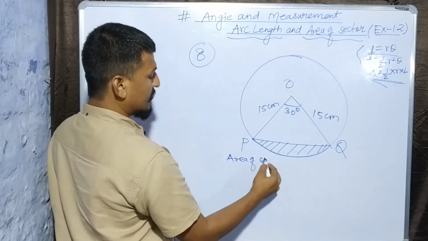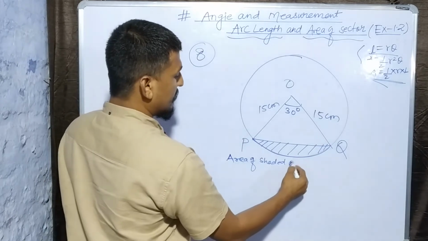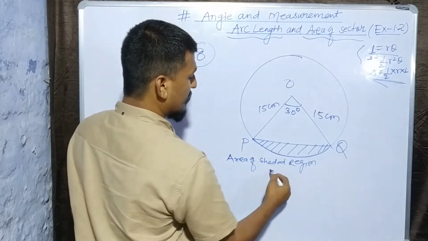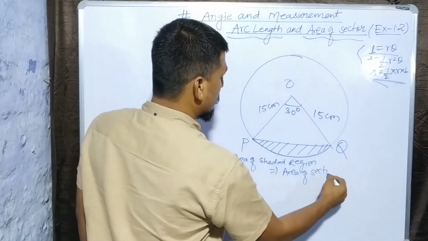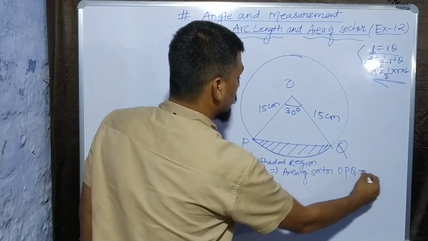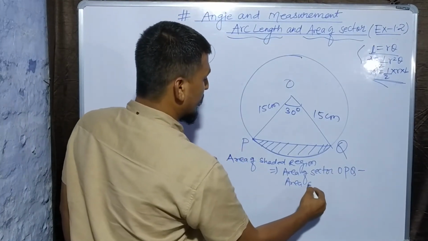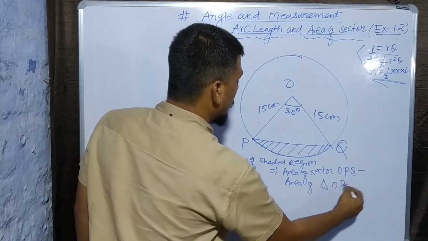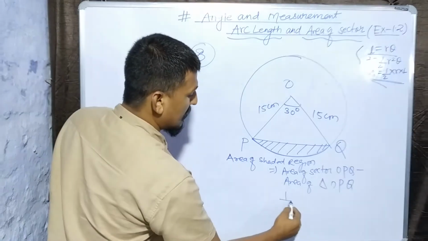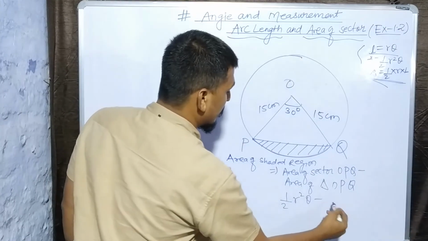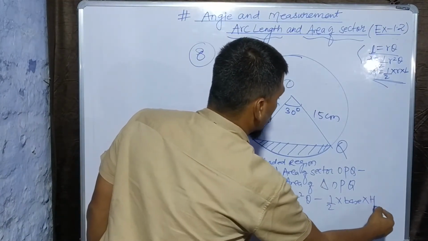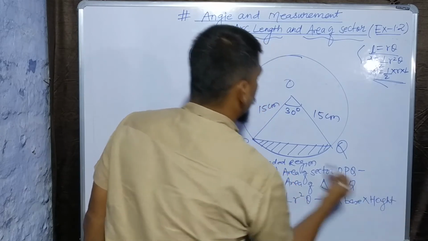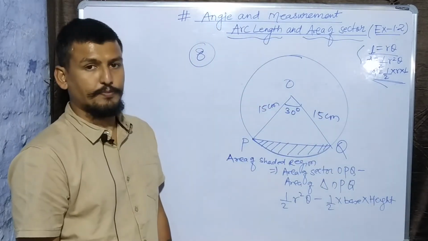Area of shaded region is area of sector OPQ minus area of triangle OPQ, which is half r square theta minus half into base into height of the triangle.